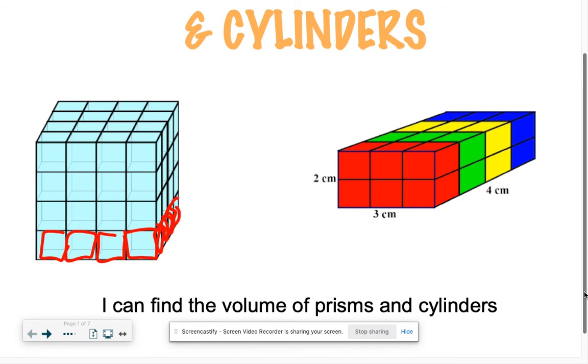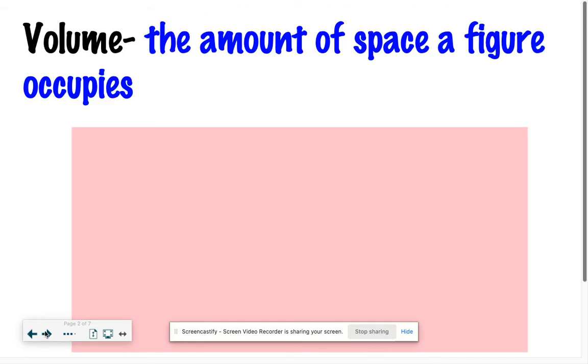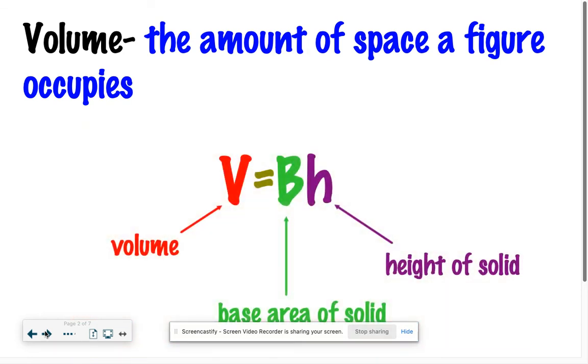So the easiest way to think of volume is the amount of space a figure occupies. How many cubic units can I fit into this figure? That's what you're doing. That's volume. So we have a very generic formula for volume.